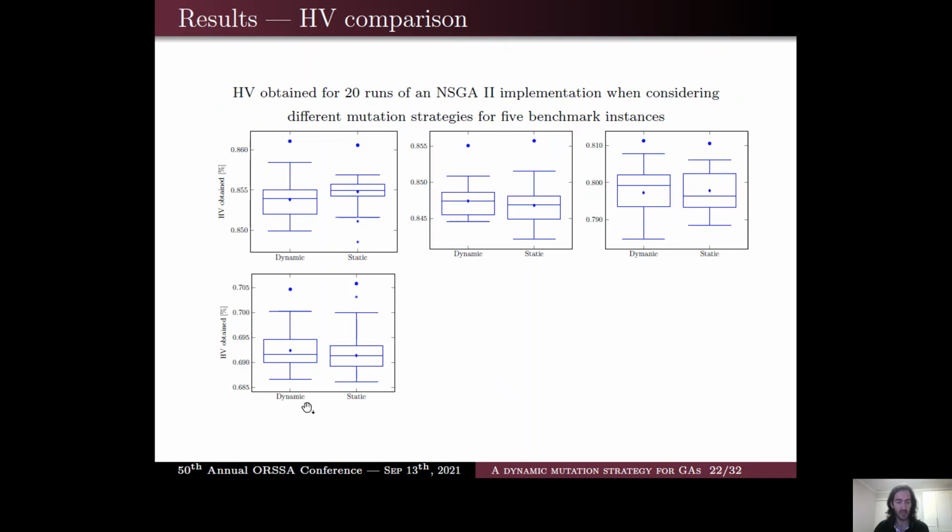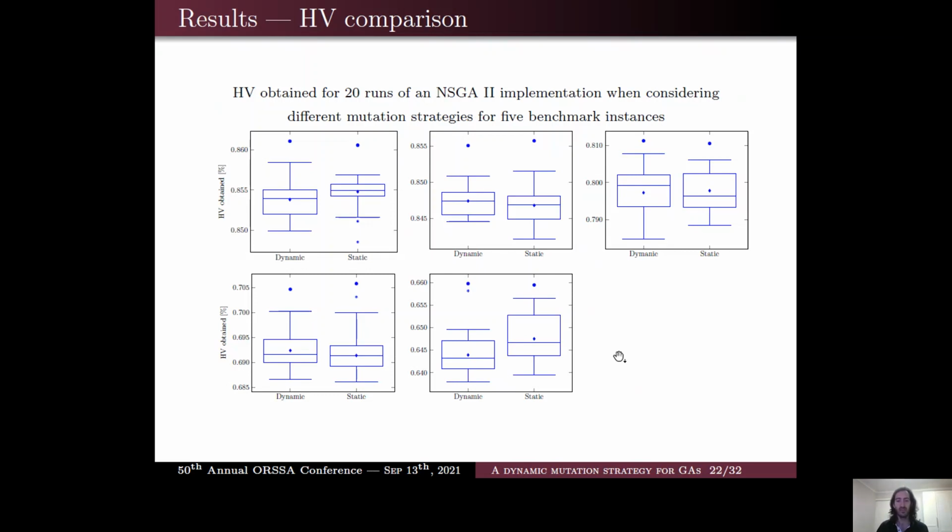Here for Mumford 2, the dynamic does perform better on average, but overall the static does perform better. Then finally for Mumford 3, the static performs better on average for the 20 runs, but the overall performance does seem to be similar.